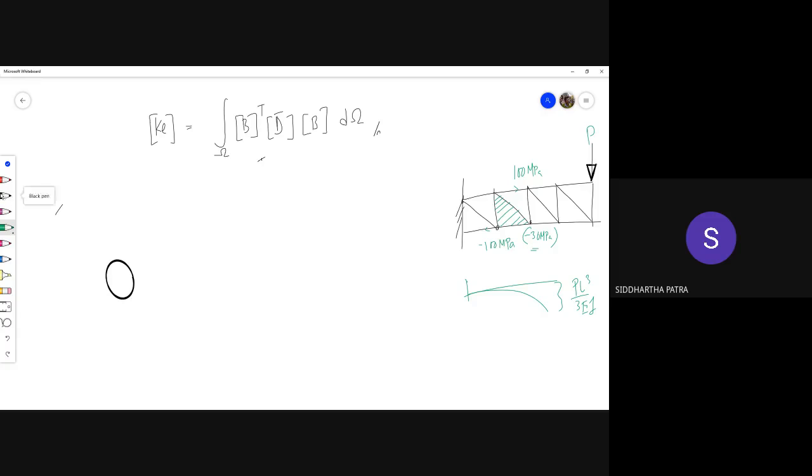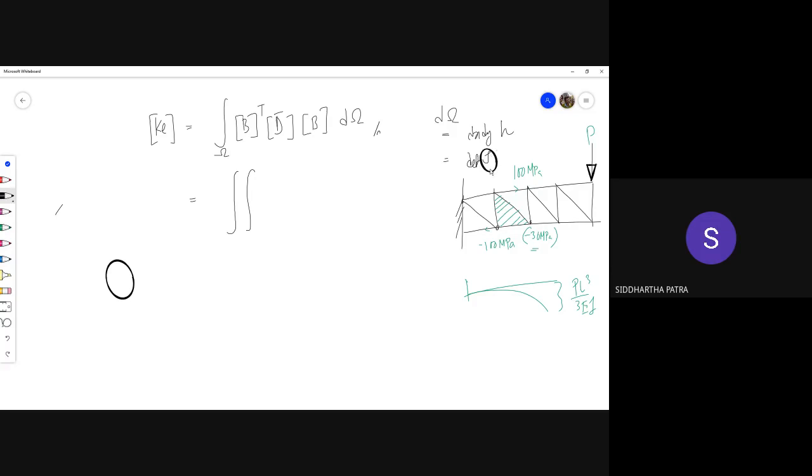One thing to note: how do I write this equation? This equation can be written as, I would write d omega as dx dy times h, and this dx dy is actually the determinant of Jacobian, and this can be shown, and I'm not showing you the identity over here.